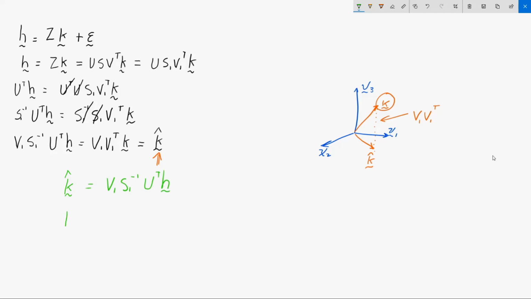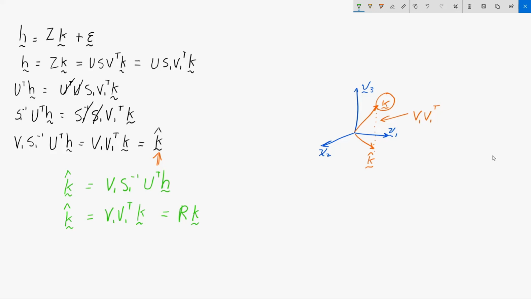And I have established that the relationship between what I estimate and what exists is an orthogonal projection operator. In this case, the resolution matrix is precisely that orthogonal projection operator.